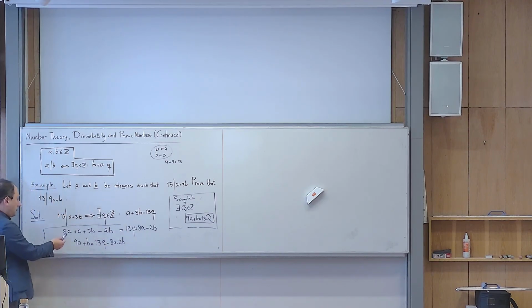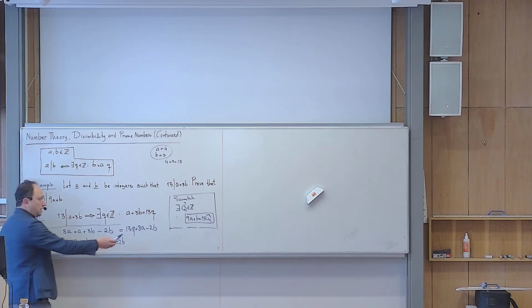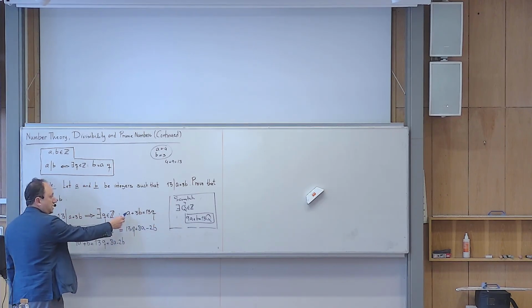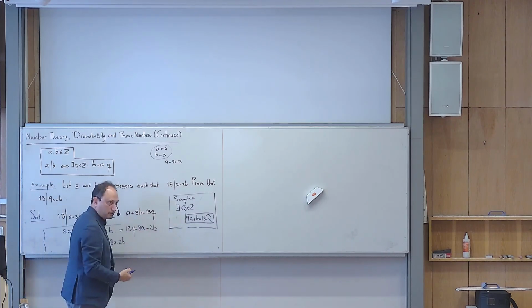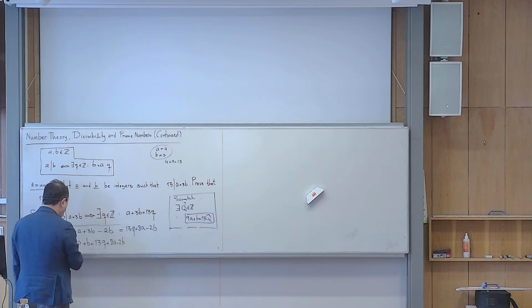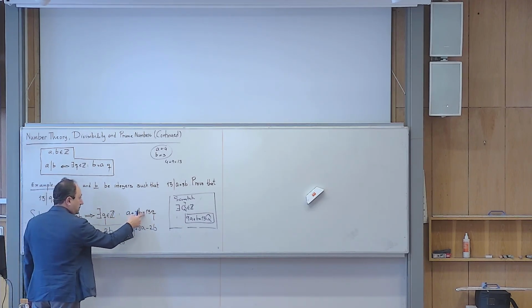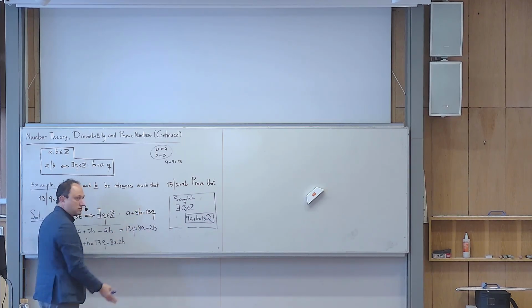So what I have written on the board, is it true or false? Are you following what I've done? By looking at this, what I need, I try to ask myself, how can I change a to 9a? Because a is what I have, 9a is what I want. So I add 8a. But when I add 8a here, because I want to keep equality the same, I have to add 8a to the right-hand side as well.